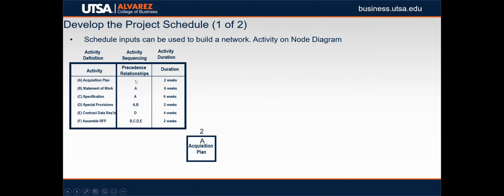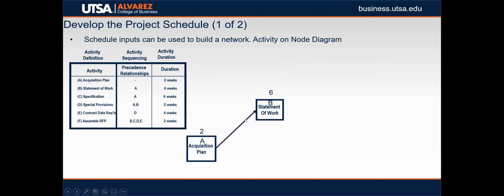For each task, they identify what predecessors precede this task and the duration in weeks. We're just going to use a number 2 instead of 2 weeks. So in this case, we have A, acquisition plan, and it is 2 weeks long. We'll go to our next task, B, which is statement of work. It has a predecessor of A and it's 6 weeks long.